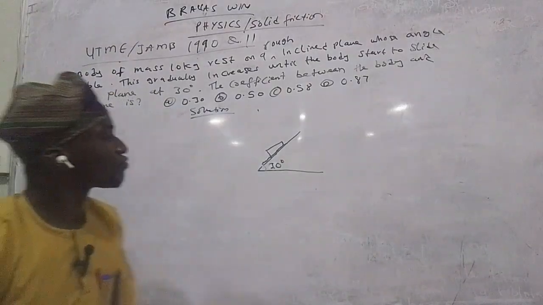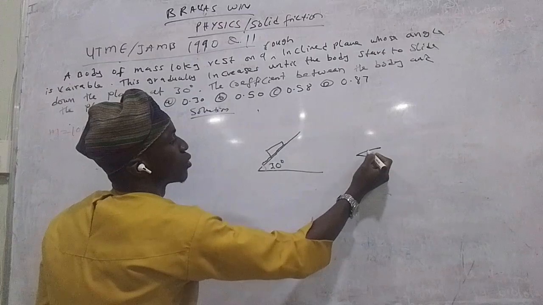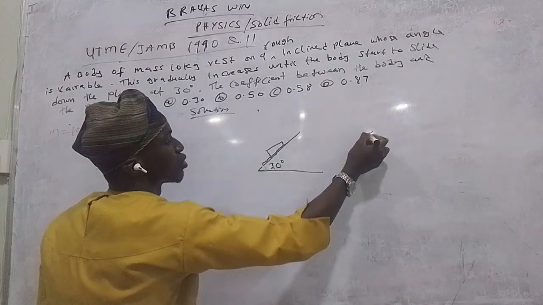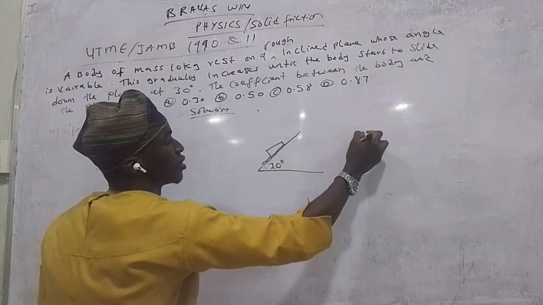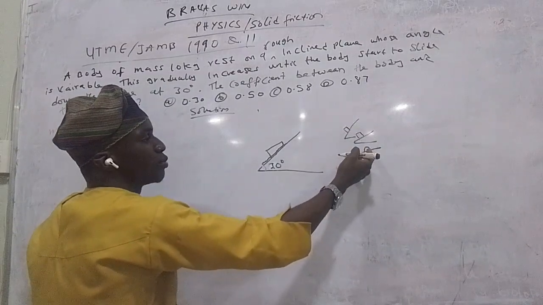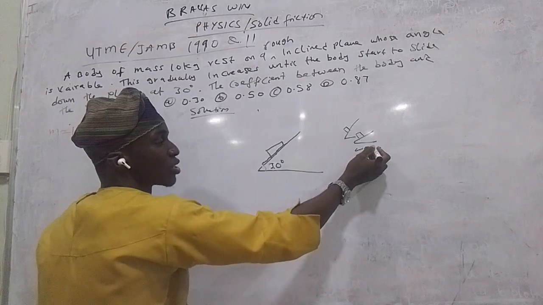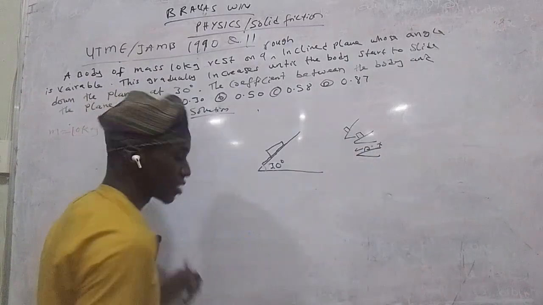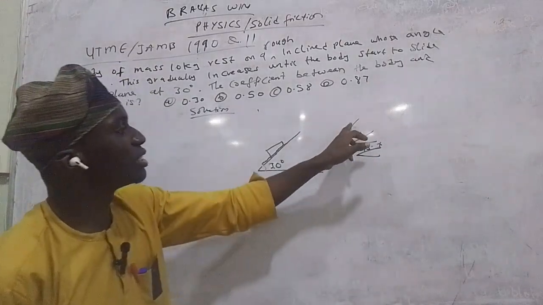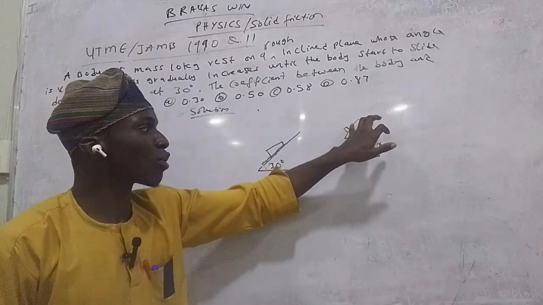As you increase the angle, maybe it was like this before, later it was like this, later like this. Before, it is not falling because the applied force is less than the limiting frictional force. Now you have reached the maximum limiting frictional force that the rough surface has.